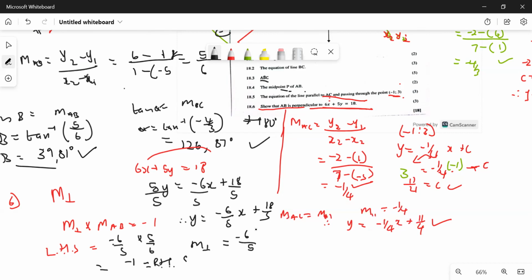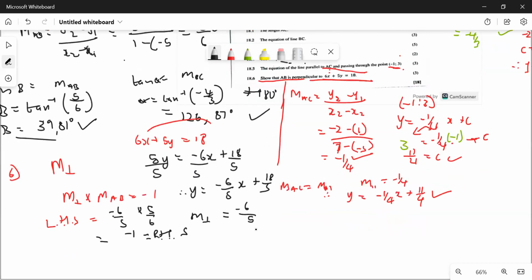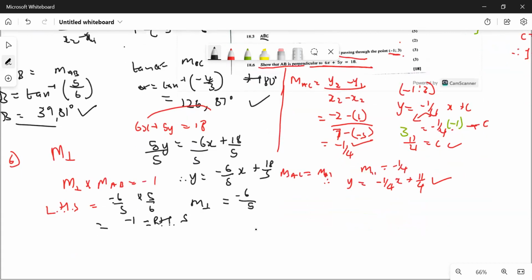Now, if it's equal to the right-hand side, then it means we have proven that these two lines are perpendicular. Therefore, AB is perpendicular to 6x plus 5y equal to 18.